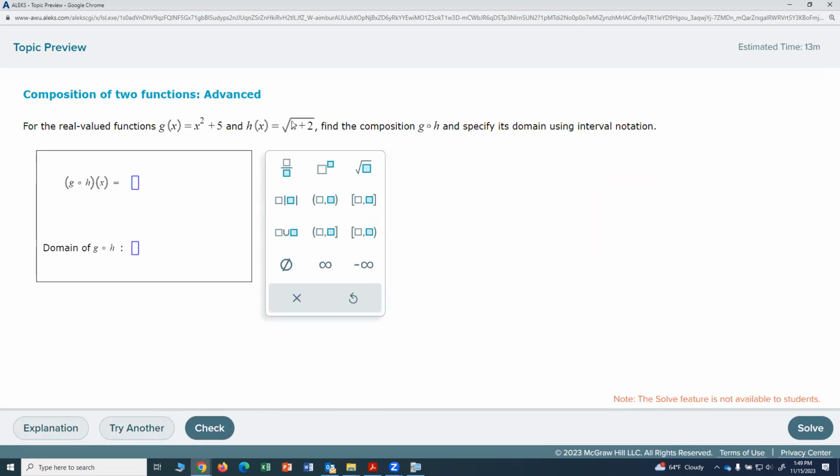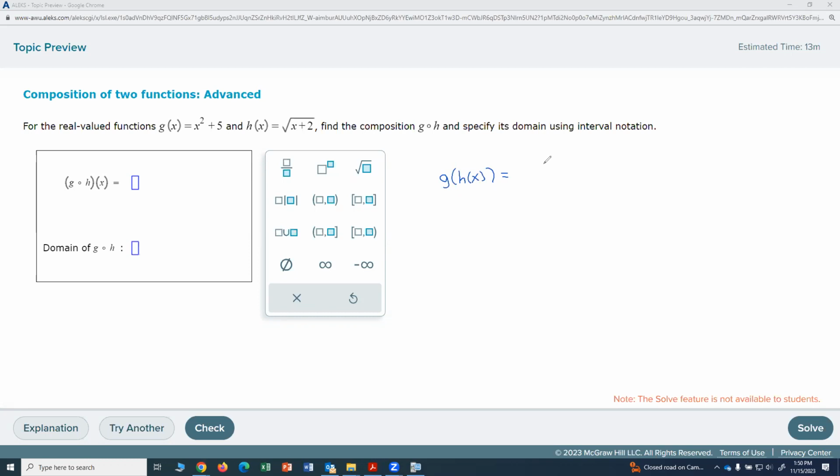We'll do one more with the square root. I'm going to find g of h, where g of x is x squared plus 5, and h of x is square root of x plus 2. Just like before, when I'm trying to compose the two functions, I will have g of h of x.